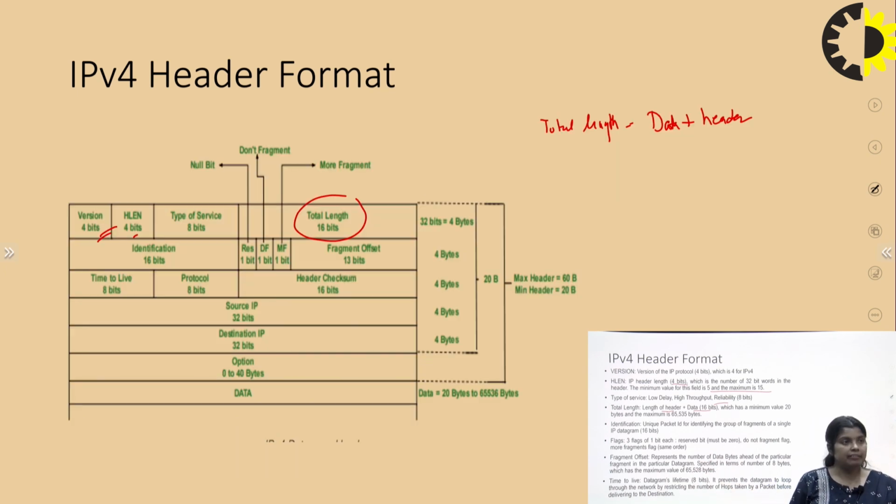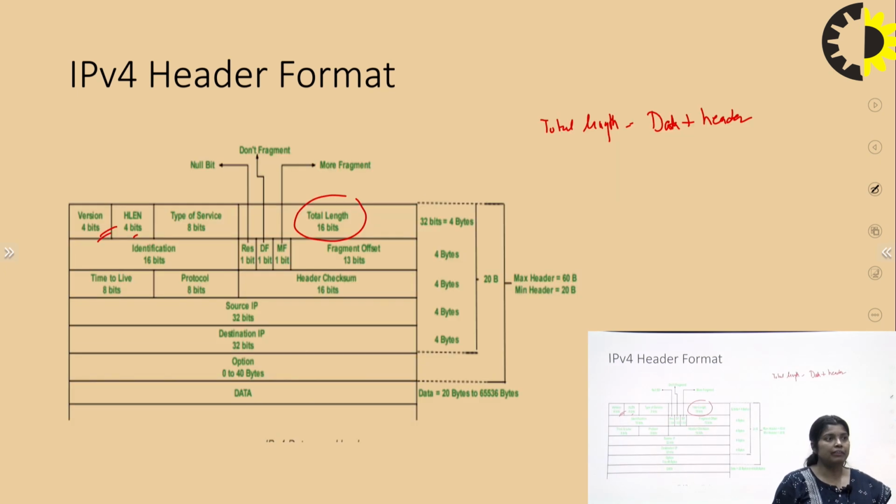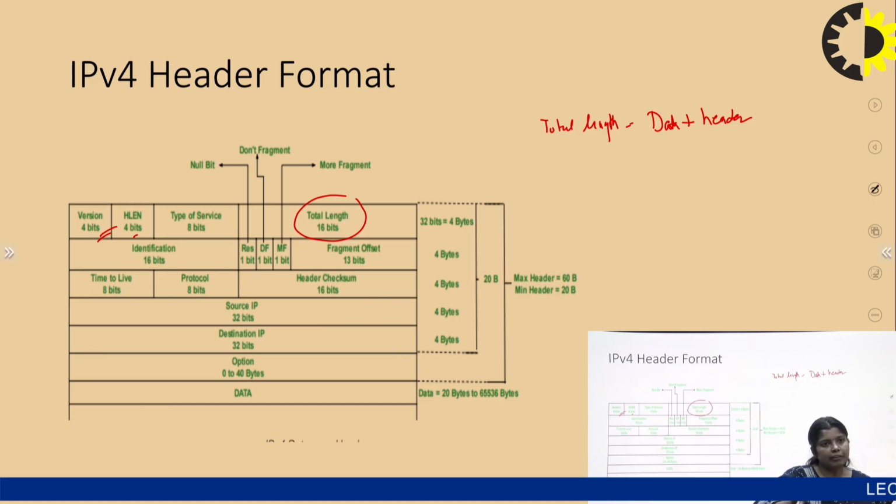The next is identification. As we know, there is fragmentation, which means the complete file is not transmitted from source to destination at once; it is always fragmented, and these fragments have different identification numbers, or sequence numbers, for identifying the packets.